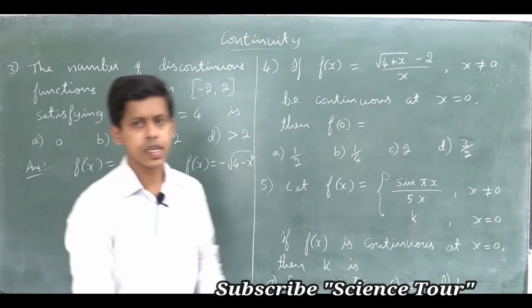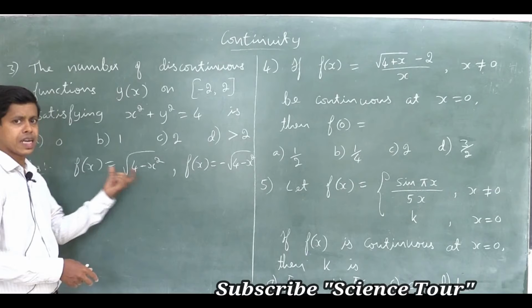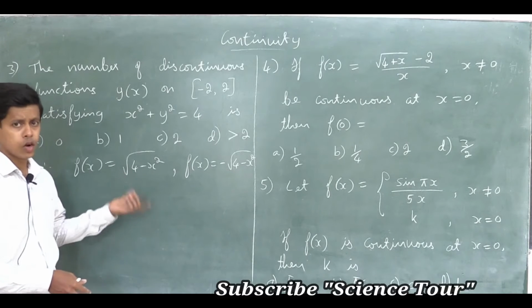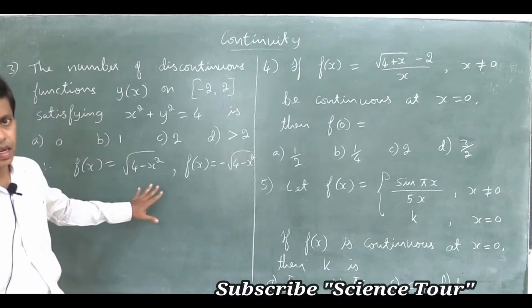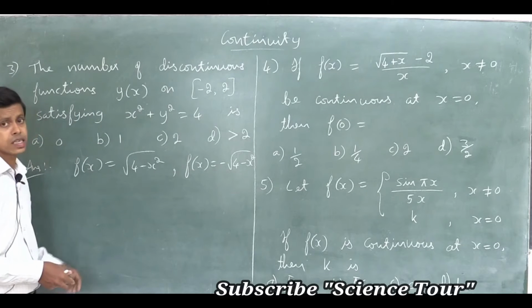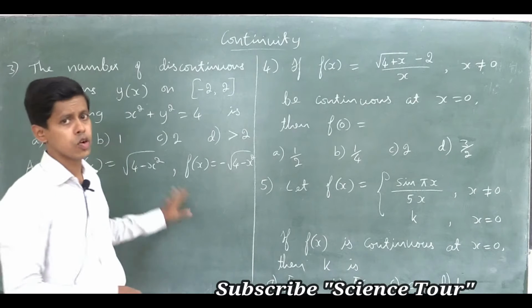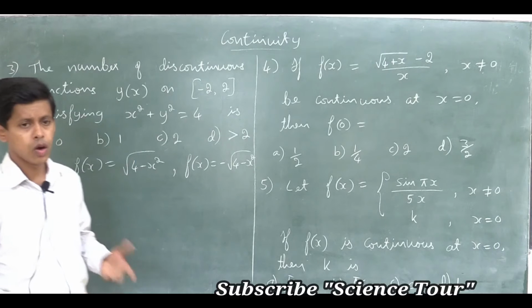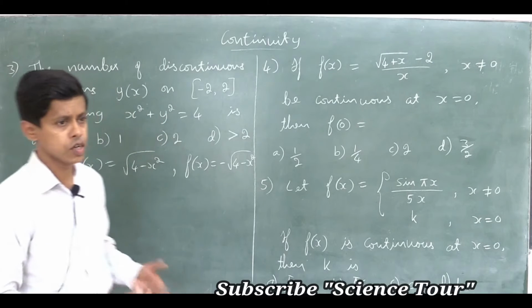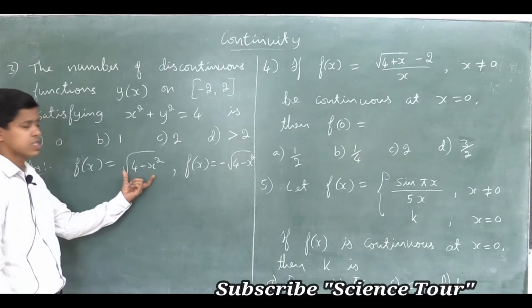It is not divided into two different branches. So there is no question of left hand limit and right hand limit being not equal. You can directly find the limit; you don't have to go for left hand and right hand separately. Obviously the limit will exist, and there is no question of getting 0 by 0 or infinity by infinity or any other kind of indeterminate form.